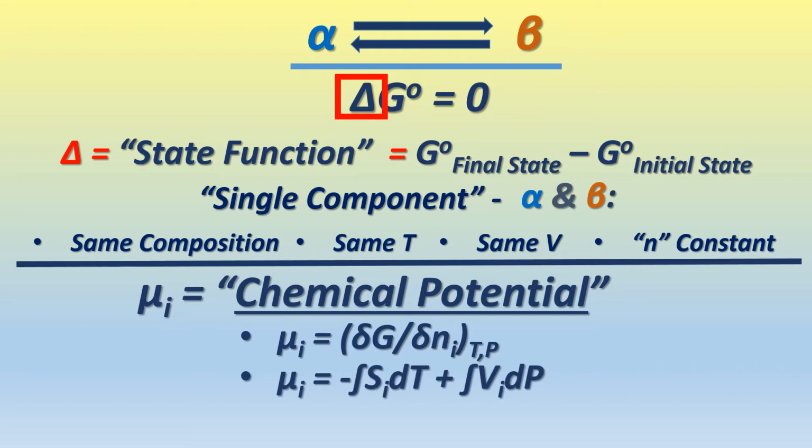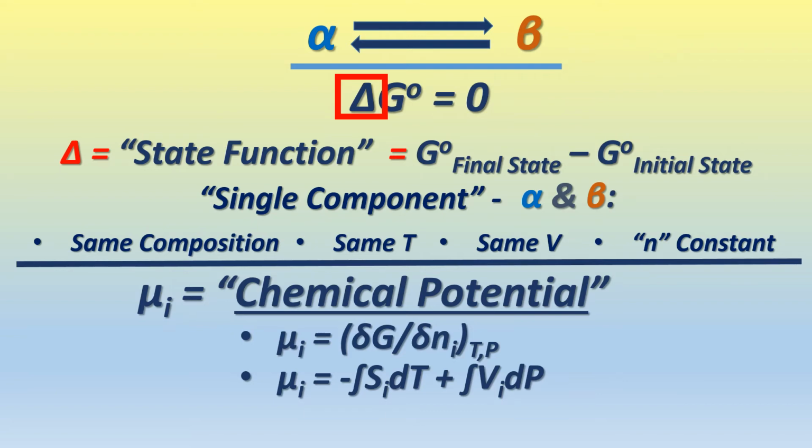Since the chemical potential is related to the Gibbs free energy, for any particular component i, the potential of i is minus S of i dT plus V of i dP. This definition will become important.